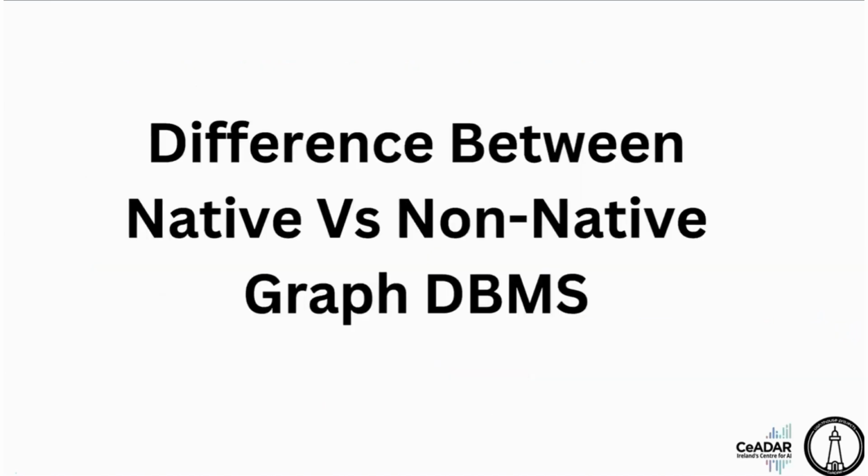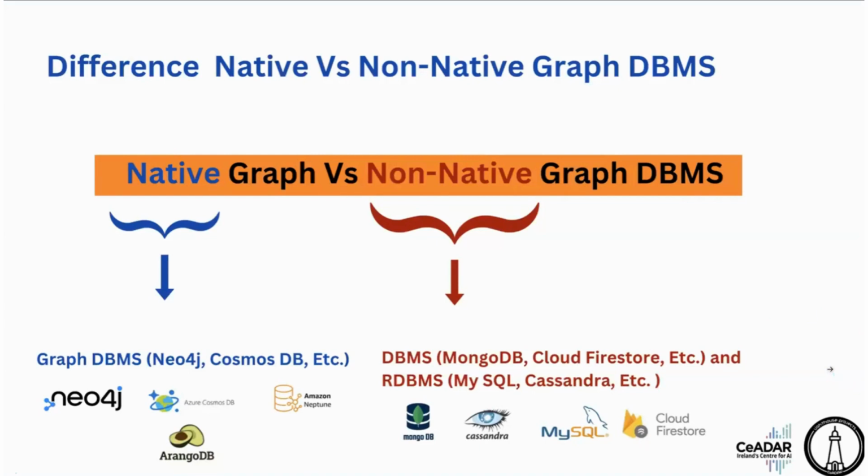So let's talk about the difference between a native and a non-native graph DBMS. Non-native is basically a relational or similar database, like MongoDB, Cloud Firestore, or Cassandra. But a native graph database is completely based on a graph-structured format of data.